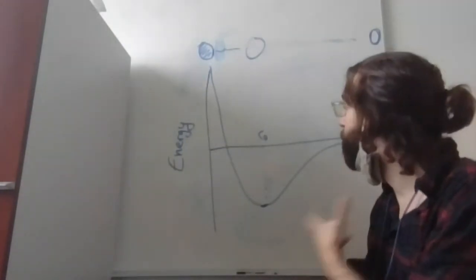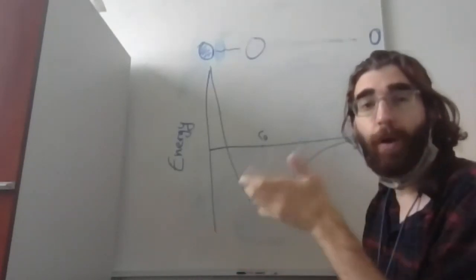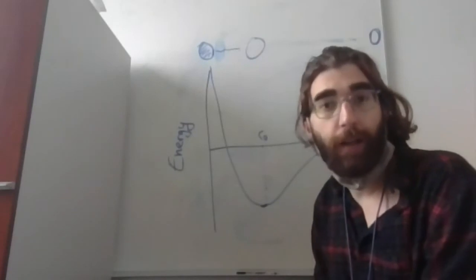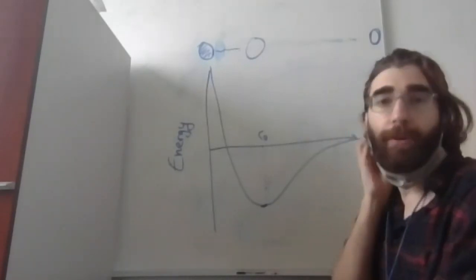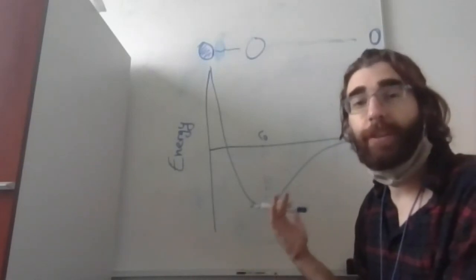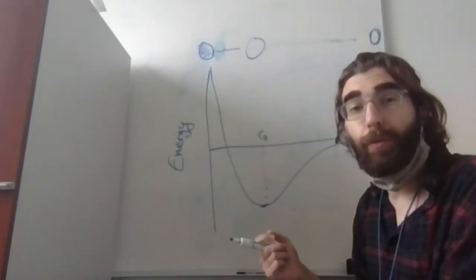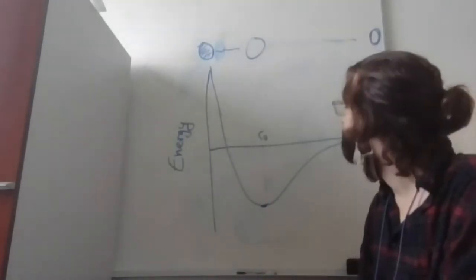So this R naught value is equivalent to the bond length. This is one way we use to model atomic bonds. In some regards it's pretty elementary, but in other regards it's very elegant. It's really a simple way to get the point across.